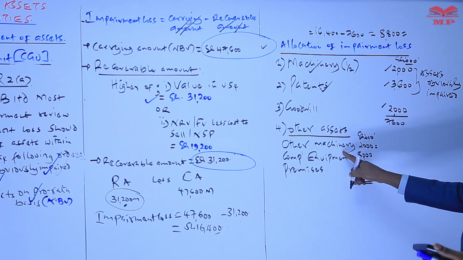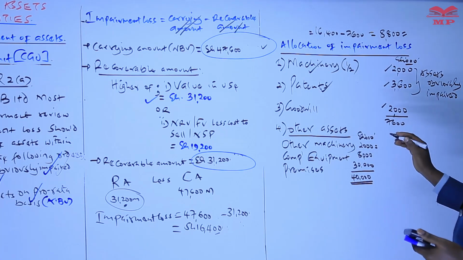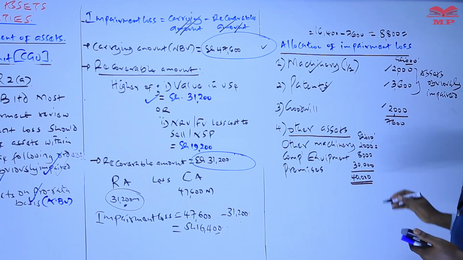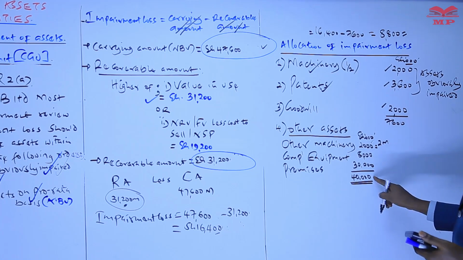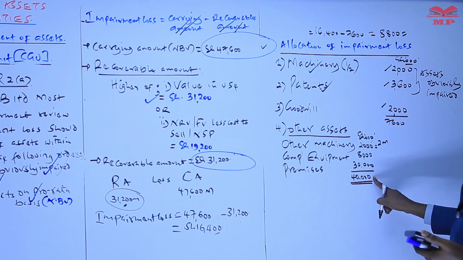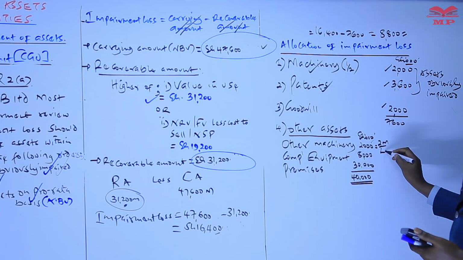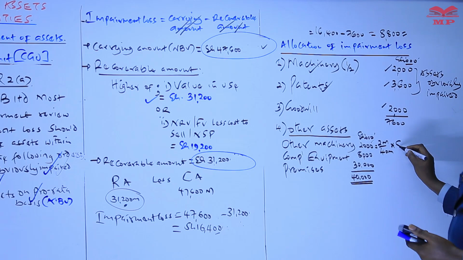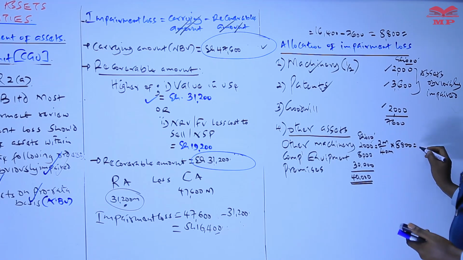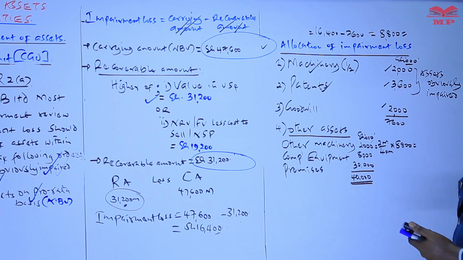To determine the amount to be allocated to other machines, we take its carrying amount, which is 2 million, all over the total carrying amount of the three assets, which is 40 million, times the impairment loss to be allocated to the three assets.